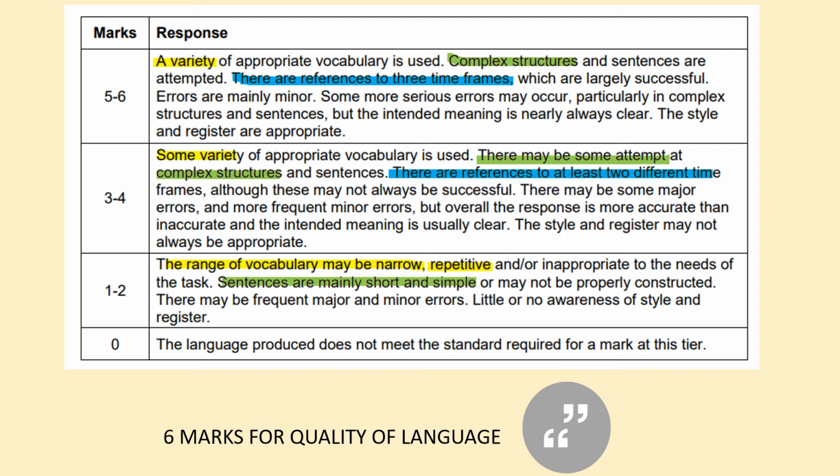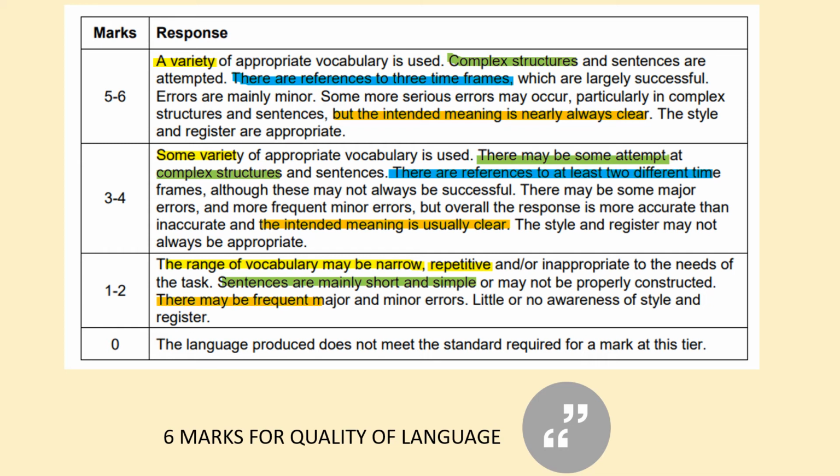The last thing that we want to look at is the clarity of your language. Again, this goes back to the accuracy. The intended meaning is nearly always clear. The intended meaning is usually clear. And then at the bottom, frequent errors, so it's not very clear.